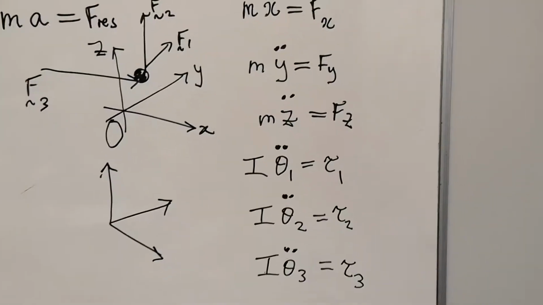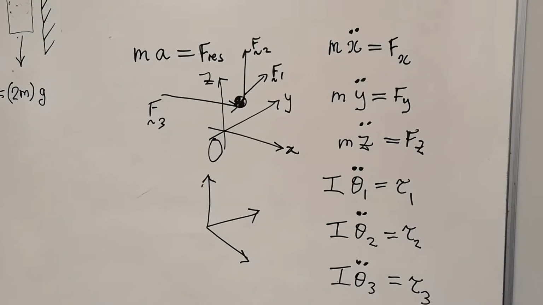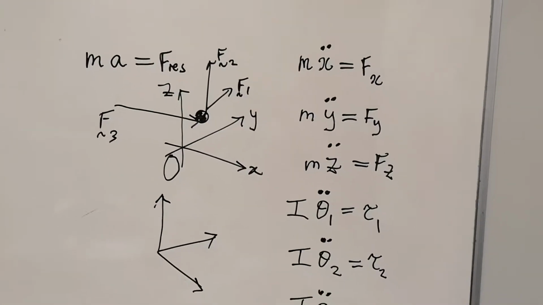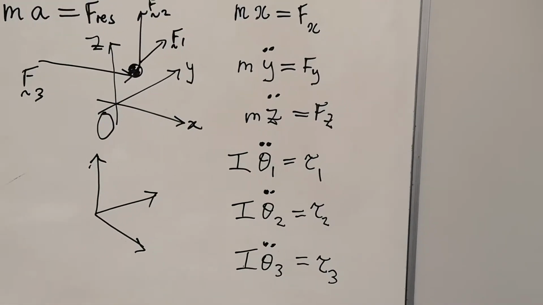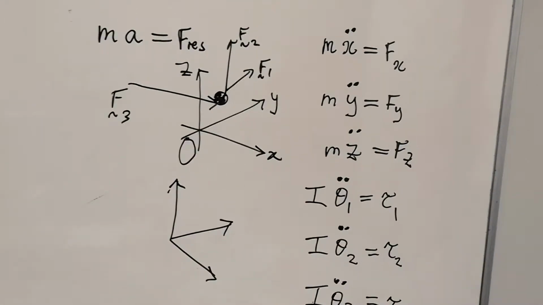Okay, so for a general point particle in space, there are three scalar equations for the x, y and z direction, and three corresponding angular equations, where theta 1, theta 2, and theta 3 are the different angles.